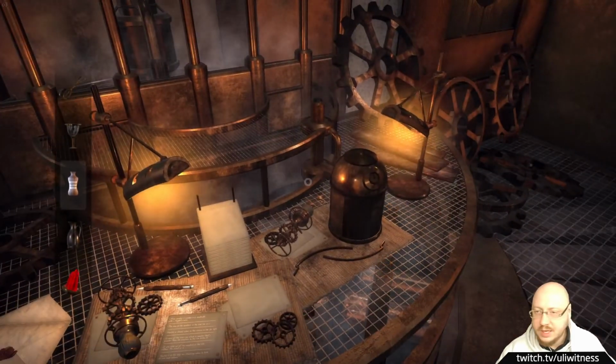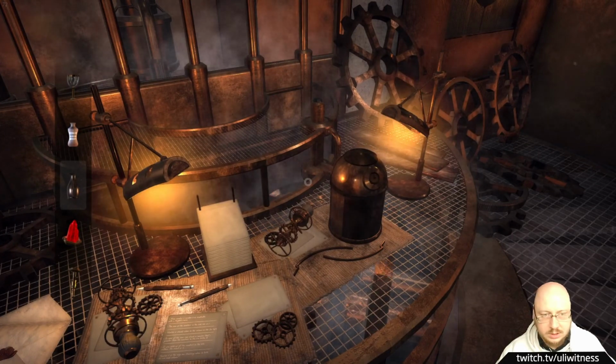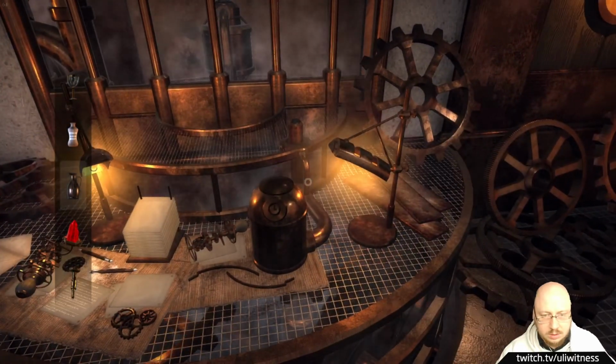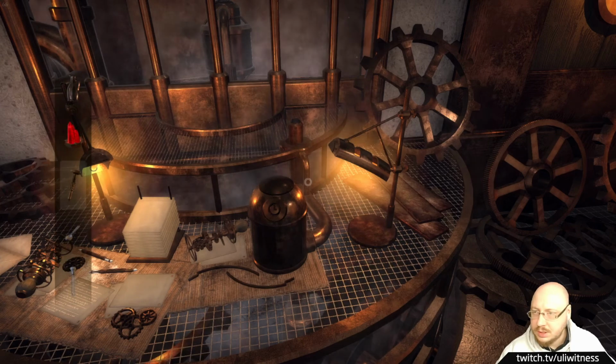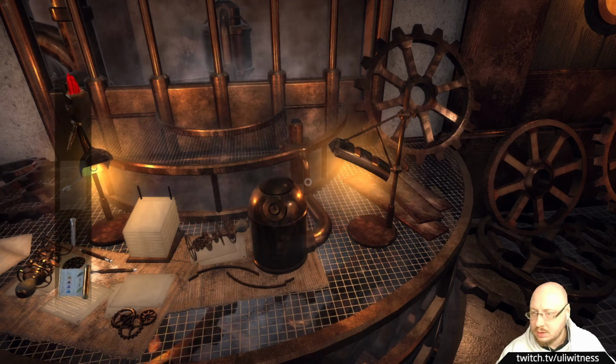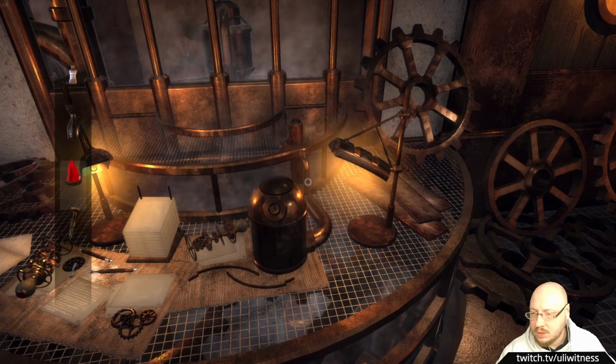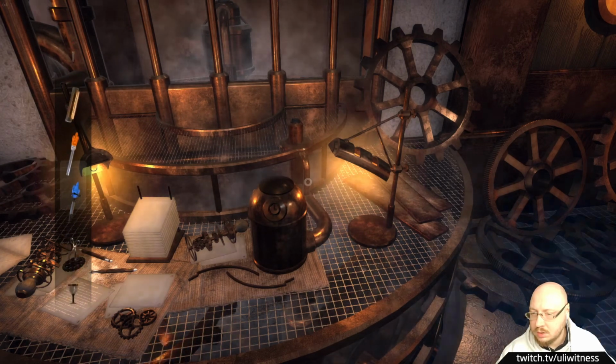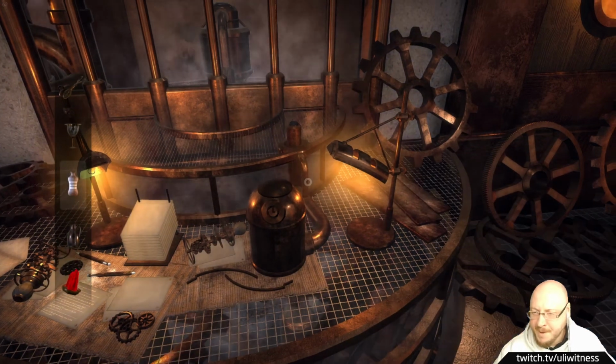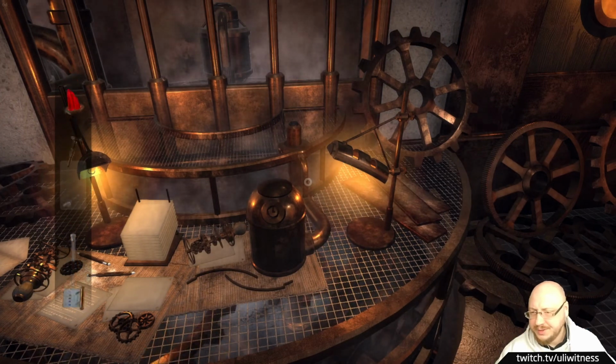Do we have anything that looks like a circle, a key? With an L. I don't think so.